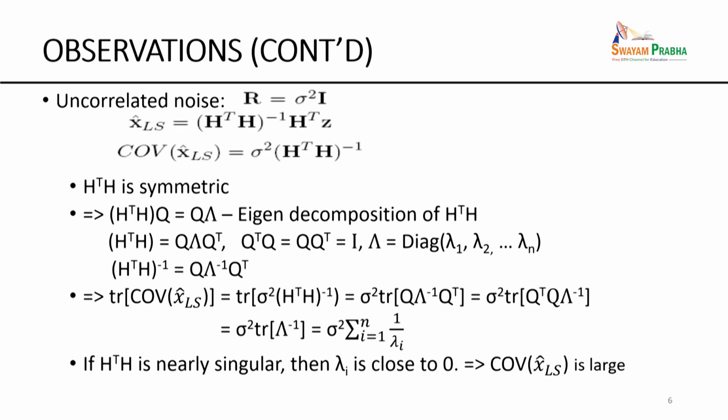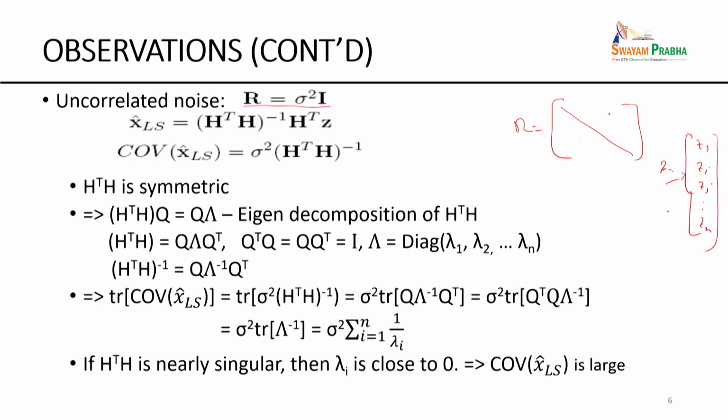Now I am going to talk about observations that are uncorrelated. That means R is equal to sigma square I. That's exactly what I told you earlier. Look at this now. This is R. R has diagonal and off-diagonal entries. Off-diagonal entries relate to the cross-correlation of the noise affecting the different components of the vector Z. So Z is the vector Z1, Zi, Zj, and Zm, let us say.